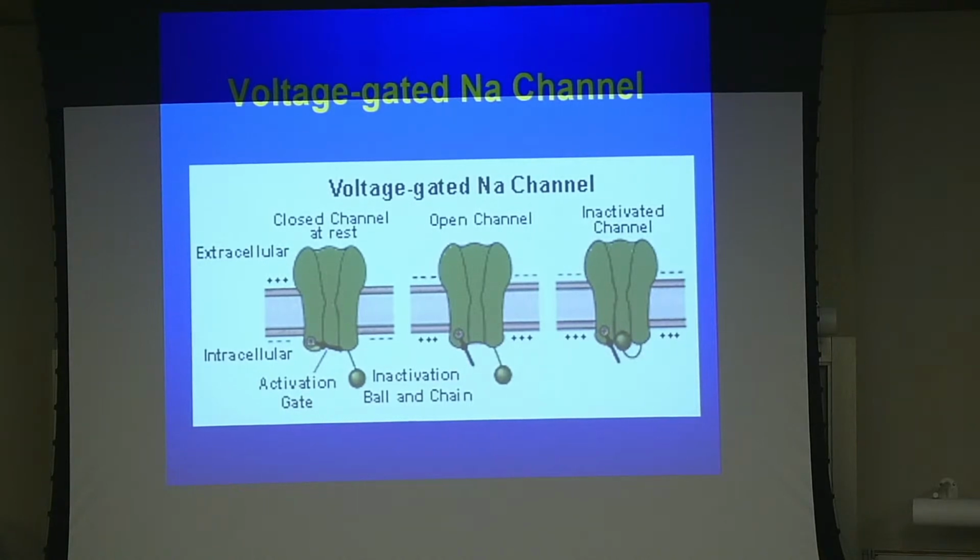Well, one of the reasons the biophysicists want to talk about inactivation rather than closing is there are two steps. The first thing that happens is the ball and chain moves in, and that will remain stable until you repolarize the membrane. And it's not until you repolarize the membrane that you can reset the position of the gate and move the ball and chain out of the channel. So you have to repolarize the membrane for the ball and chain to leave, and certainly to re-establish the position of the gate.